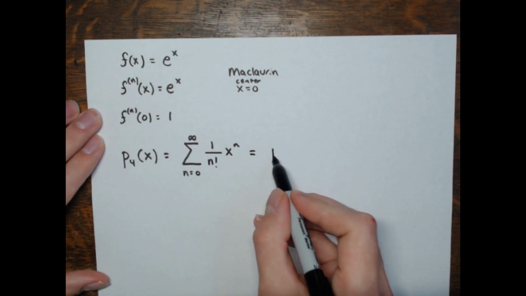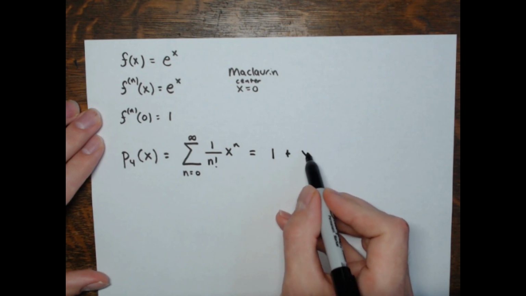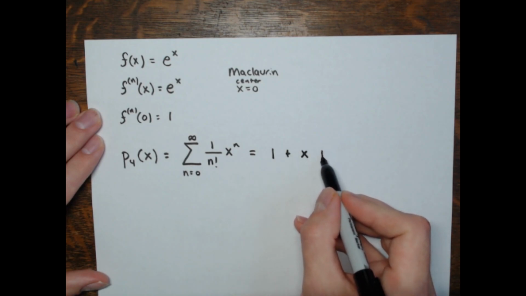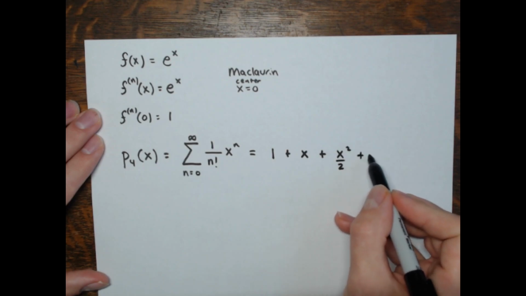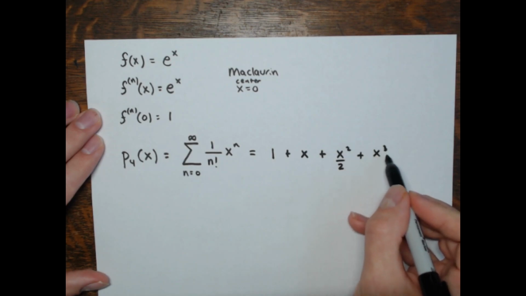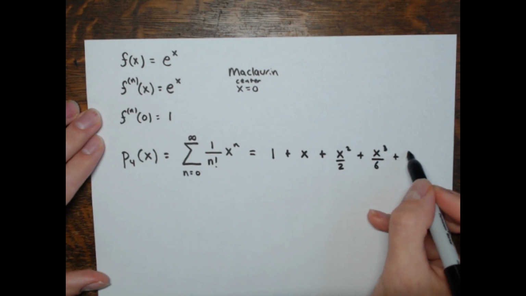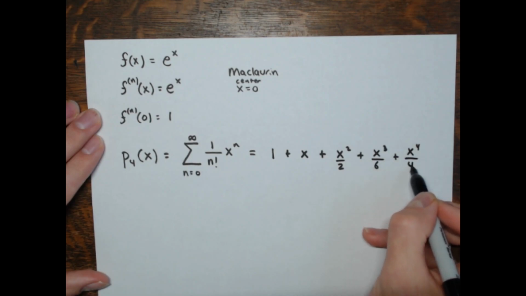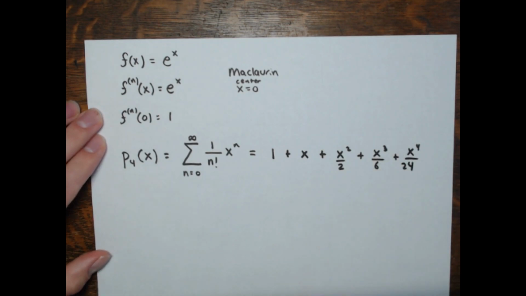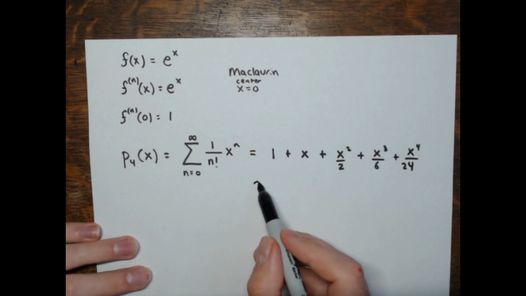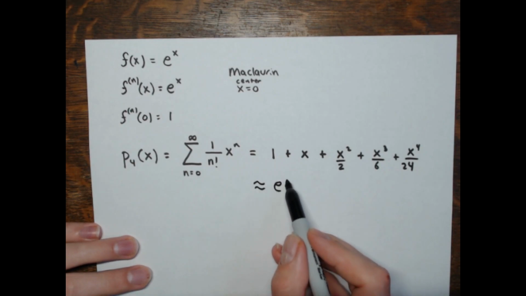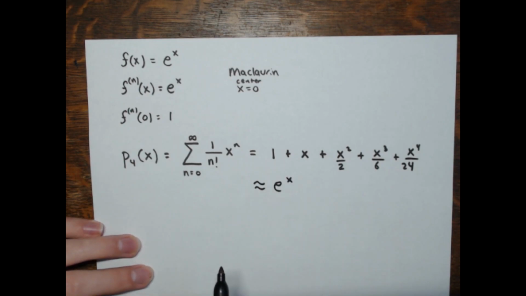So this would be 1 plus x over 1 plus 1/2 x squared plus 1/6 x cubed plus 1/24 x to the fourth, and that's it. That's the fourth degree polynomial, and this should be approximately equal to e to the x, near 0 especially.